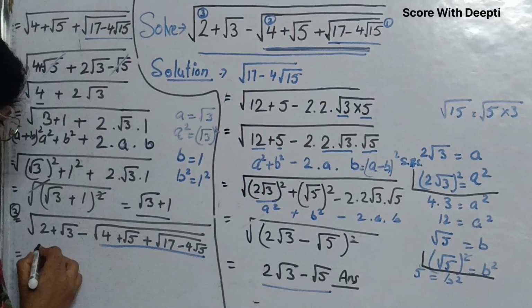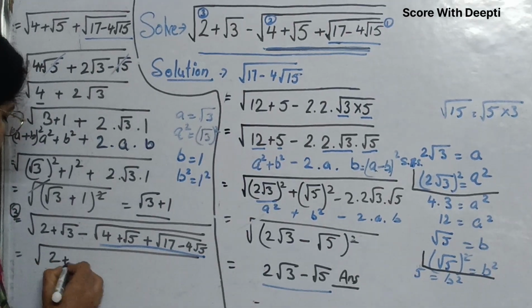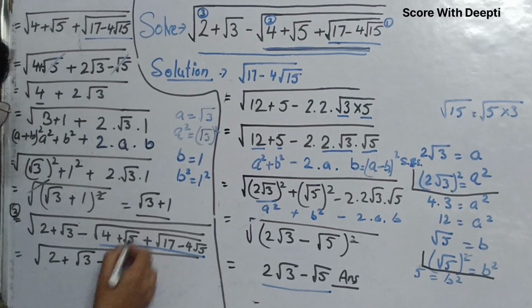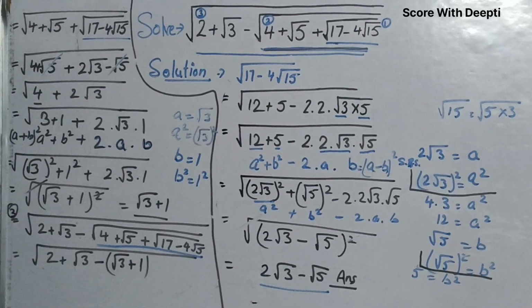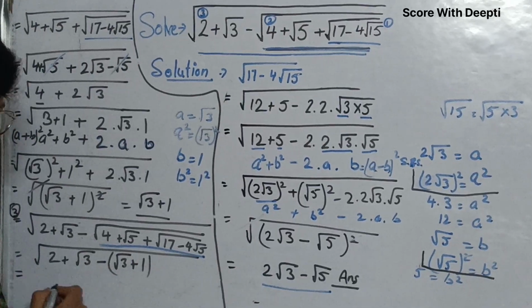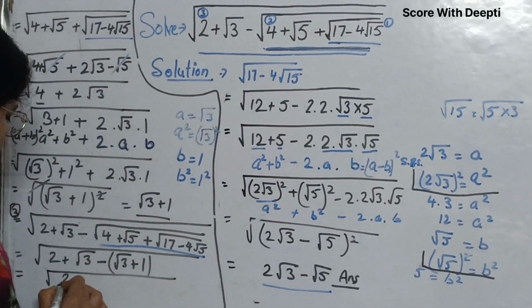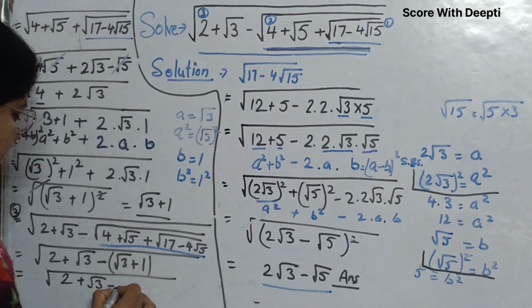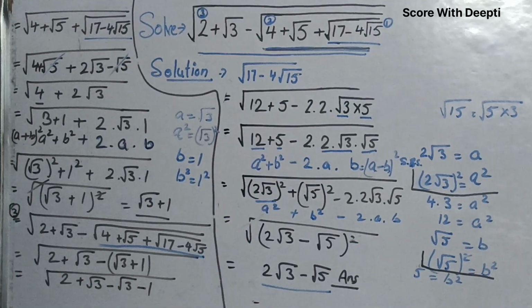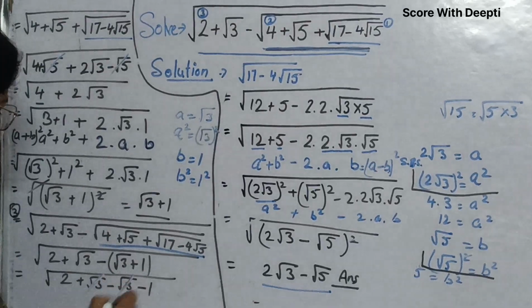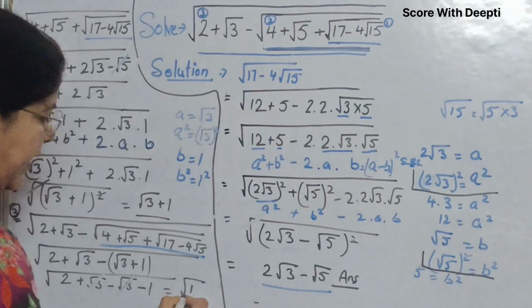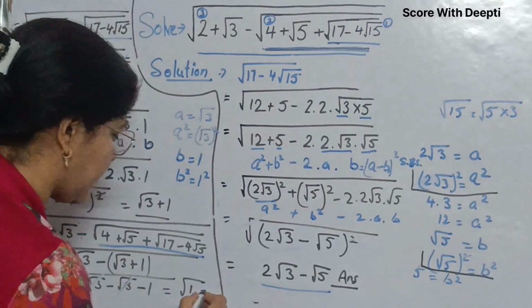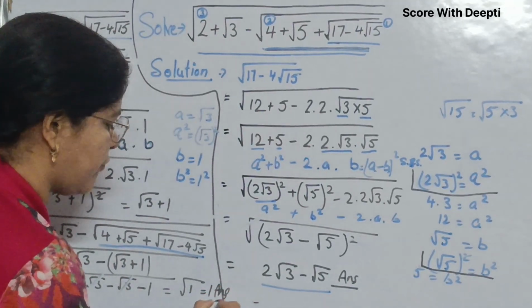Now we put square root of 2 plus square root 3 minus, in bracket, square root 3 plus 1. Here we put a bracket because there is a minus sign. Next we solve this and get square root of 2 plus square root 3 minus square root 3 minus 1. This cancels and we get square root of 2 minus 1, which is square root of 1, equal to 1. This is the answer of this question.